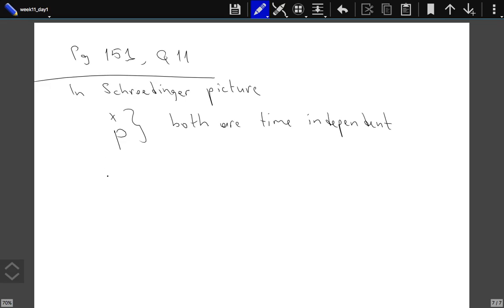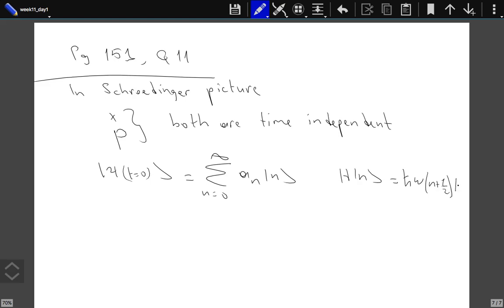Now let's start with any ket. Will it be time dependent or time independent? It will be time dependent. Let's say at t equal to 0, it is written as the sum over n from 0 to infinity of a_n |n>, and these kets |n> are just my energy eigenkets, with energy eigenvalue ħω(n + 1/2).